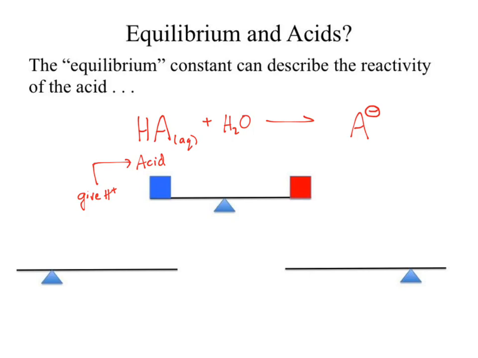We removed H plus, so to balance that out, we have to have A minus. What else would be produced? H3O plus. We've now predicted our reaction. What equilibrium says is that we do not go from purely reactants to products. Our products can also go back to our reactants. So we now have an equilibrium here.